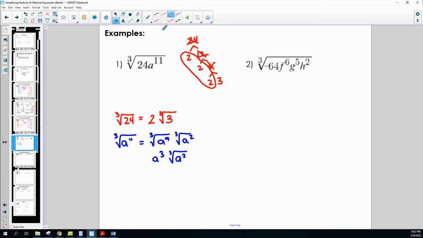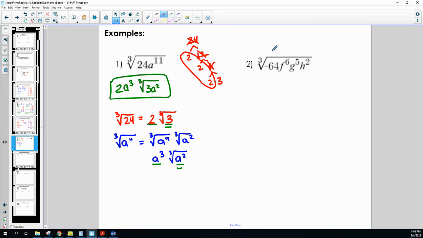So now if we want to put this together, on the outside we have a 2, and we have an a cubed, and then on the inside we have a 3 and an a squared.